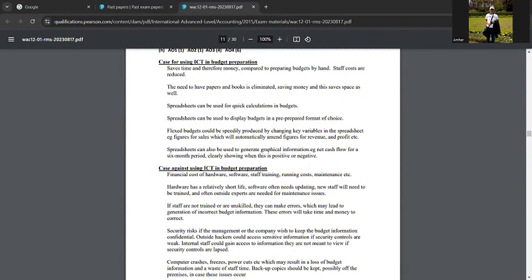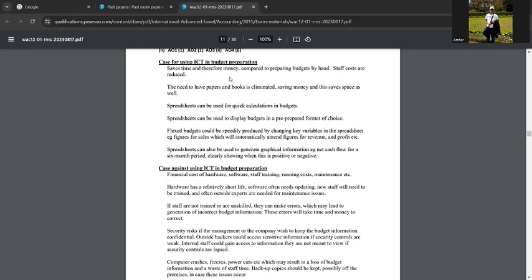So in this question, they're saying you evaluate the usefulness of information and communication technology, ICT, in the preparation of budgets. So they're asking how will ICT help a company to prepare their budgets? Okay, so the case for using ICT in budget preparation. When a company uses ICT when preparing budgets, it will save them time and money also.